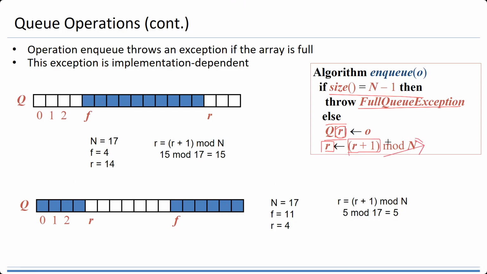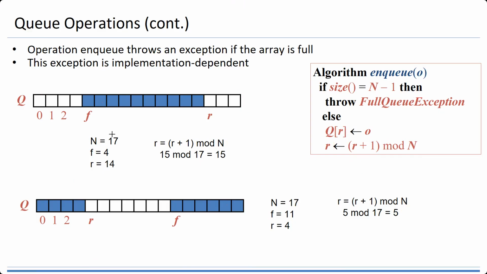What does it mean? It means that I'm going to update the value of R. Let's say R is already at index 16. Then you cannot add at index 17. If it is 16, then 16 plus 1 mod 17, 17 mod 17 is equal to 0. So R will go to index 0.